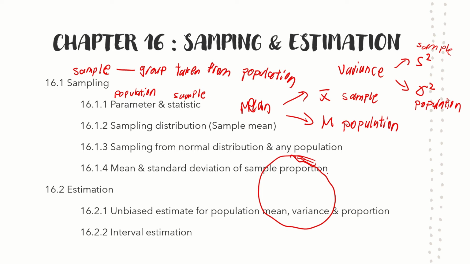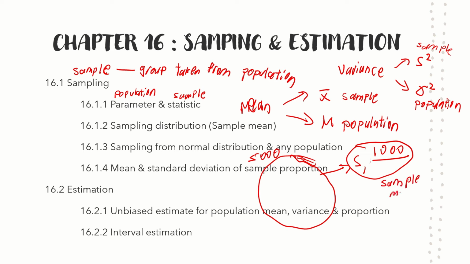But if we do the sampling technique, maybe the population is 5,000, then we take out one sample of only 1,000. Then the mean from this sample is known as the sample mean.